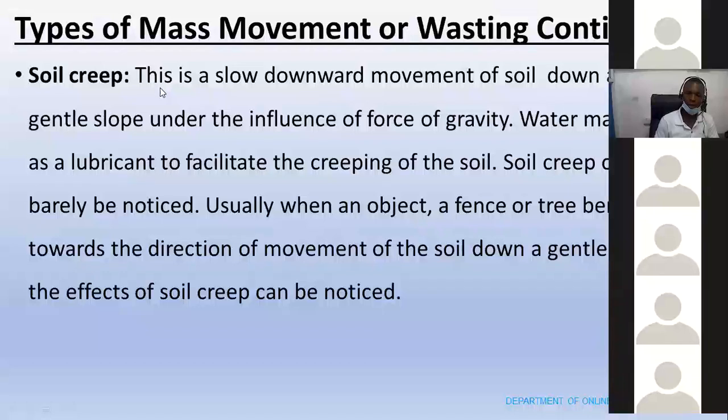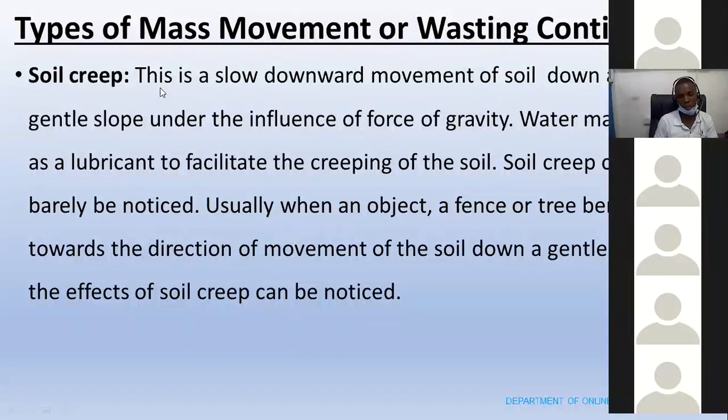It is by far the slowest type of mass movement. Water may sometimes facilitate the creeping by acting as a lubricant. This type of mass wasting can hardly be noticed or even recognized in a particular landscape. It is not easily detected once it is taking place.